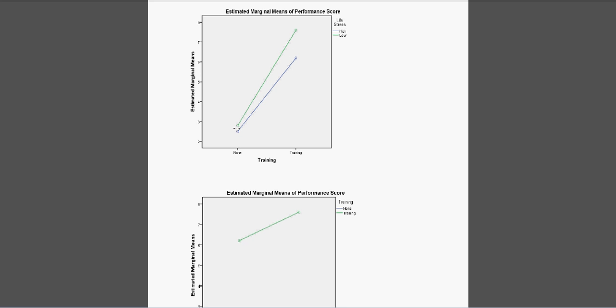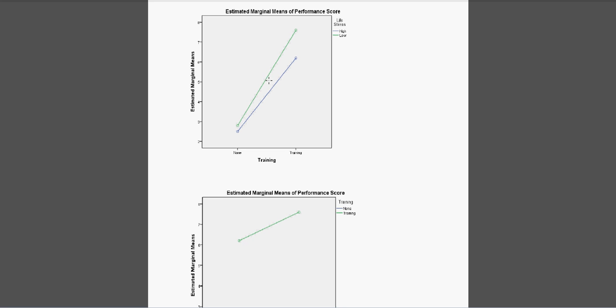The people who were low stress and got no training had pretty low performance means. The people who were low stress and got training did a lot better. And we see the same pattern with people who had high life stress. They did a lot better with training too. So what that tells us is there is an effect of training. And we also see that the low stress people do consistently better than the high stress people as well. So those are our two main effects. They are the results of those two hypotheses, one about life stress, one about training.